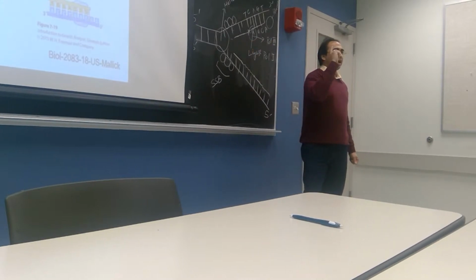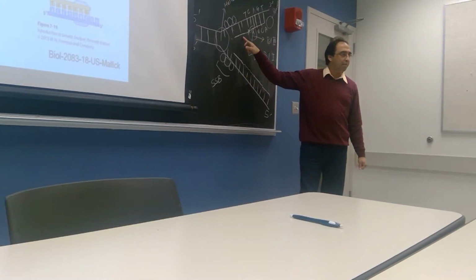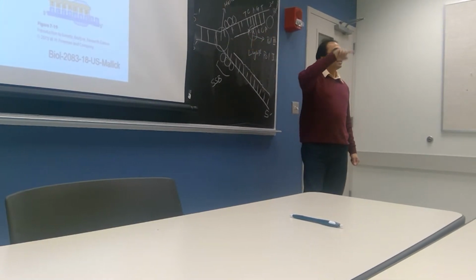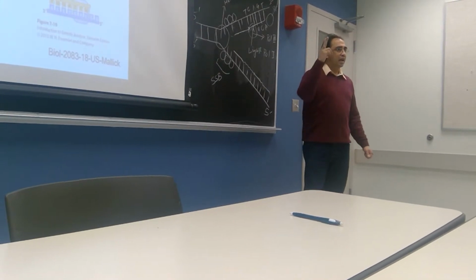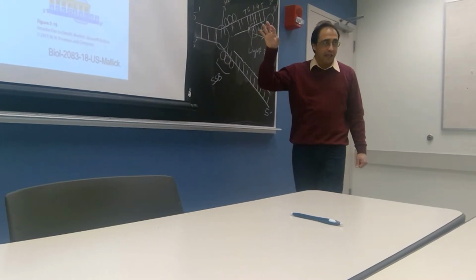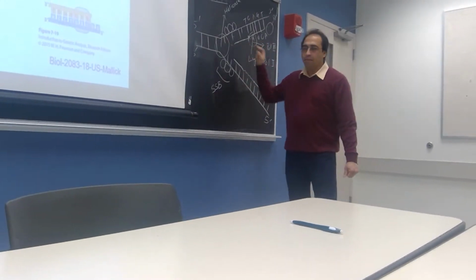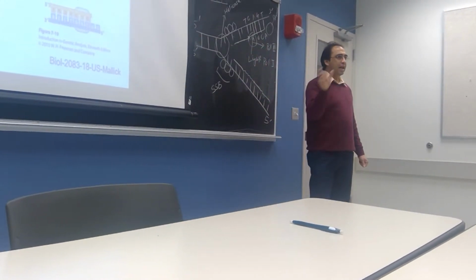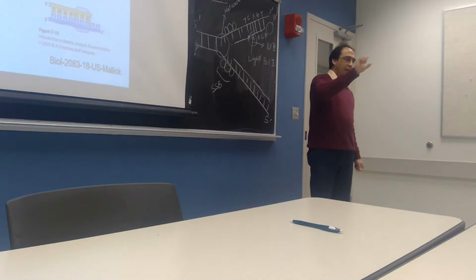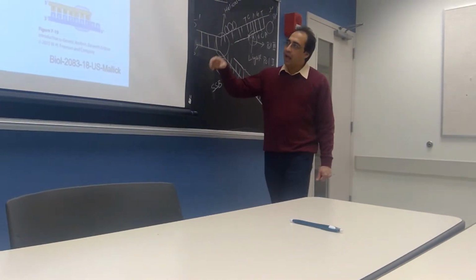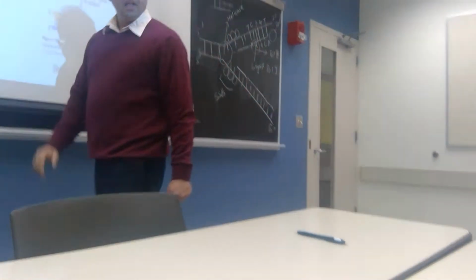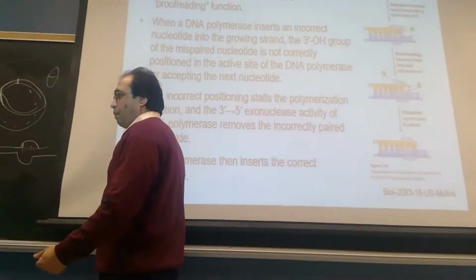It will check, and if the binding is correct, then it is fine. If there is a mismatch, it has endonuclease activity, it can cut out that part. So DNA polymerase 1 cuts out that mismatch part, adds the actual nucleotide there, and then ligase can join that part. So this is called proofreading.